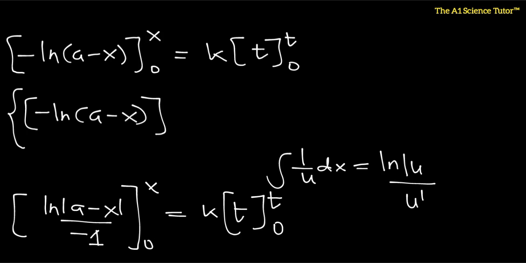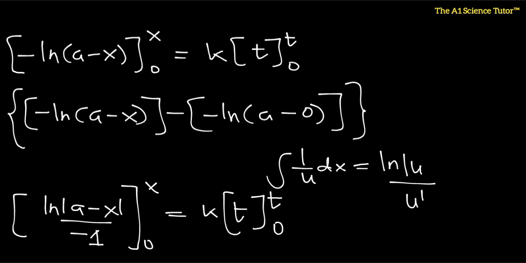Now I need to subtract this with the substitution of 0. So this is going to be minus ln again, and that will be a minus 0, because 0 represents x. So that is what you're going to have on the left hand side, and on the right you have basically t, representing t in the first case, and that is subtracted by 0 representing t in the second case. That is basically how to work definite integrals.